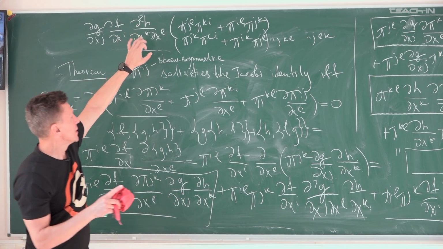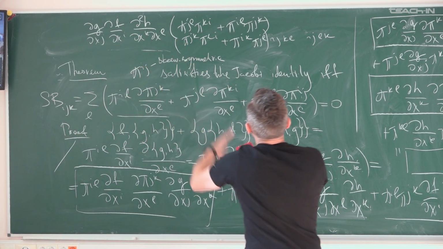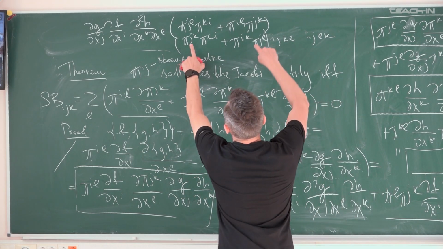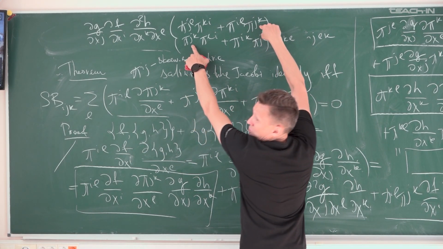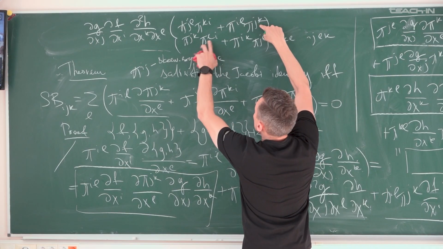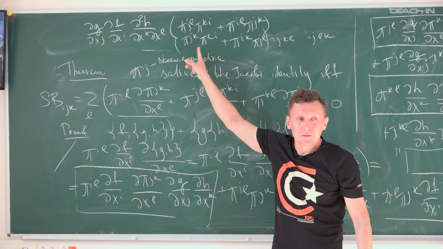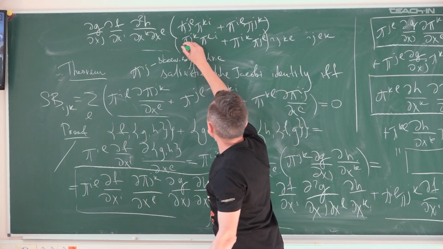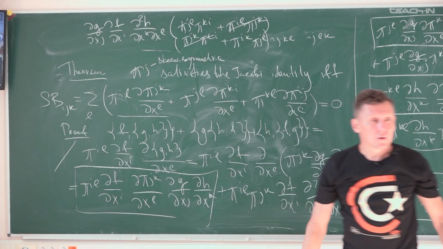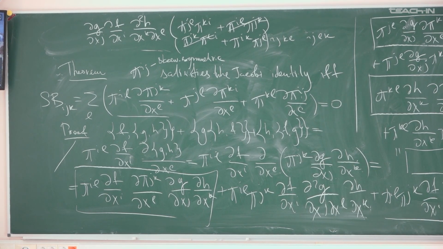Okay, what happens here? This term is the same term as this one, but with the exchange of indices l and i. So these terms cancel each other, because pi is skew-symmetric.